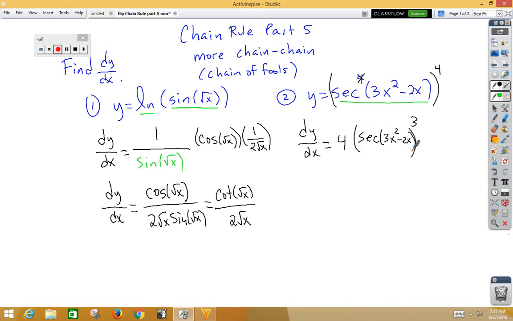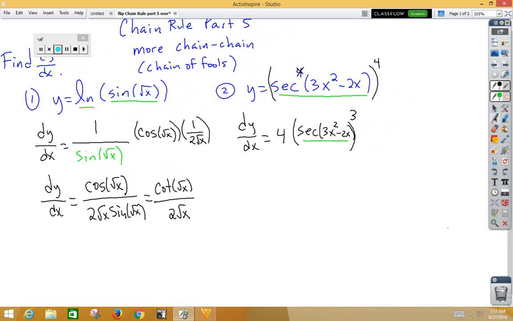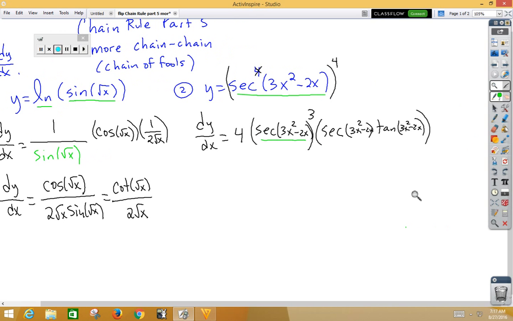Now we need to do the derivative of the inside. The derivative of secant would be secant tangent. Don't change the inside, so 3x squared minus 2x, 3x squared minus 2x times the derivative of that inside. So the derivative of 3x squared minus 2x would be 6x minus 2.